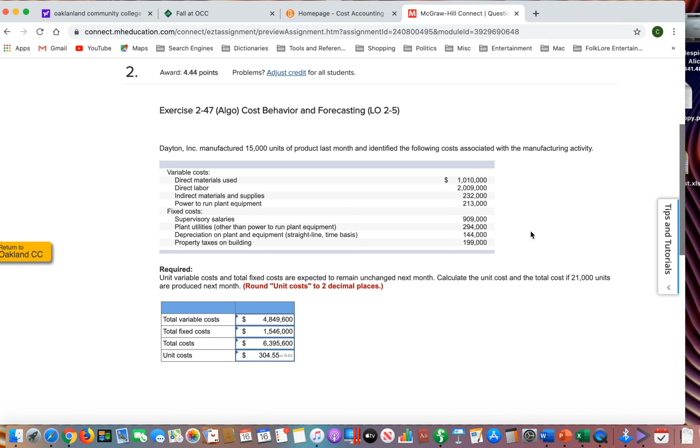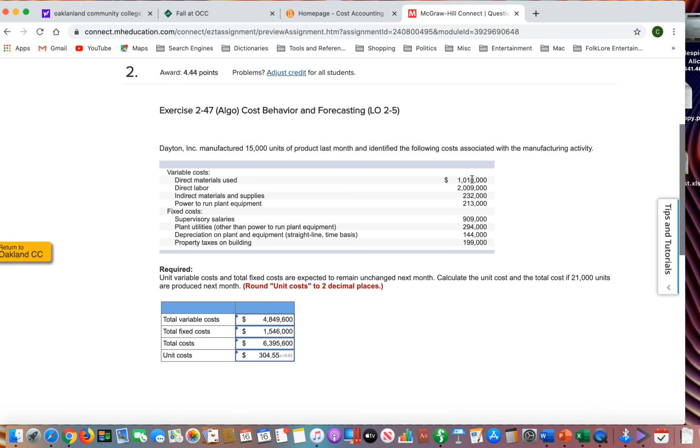And 6,000 divided by the beginning, 15,000, is 0.40. Again, EV minus BV divided by BV. EV is the most current number. BV is the beginning value. 21,000 minus 15,000, which is 6,000, divided by 15,000. So we have a 40% increase.